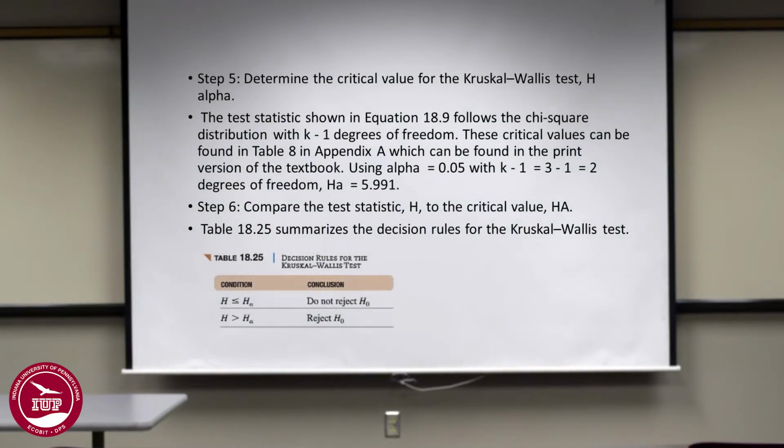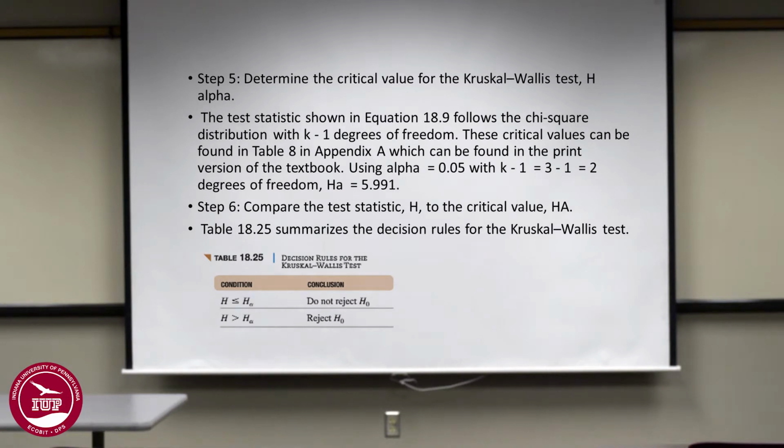Step 5. Determine the critical value for the Kruskal-Wallis test. The test statistic shown in equation 18.9 follows the chi-square distribution with k-1 degrees of freedom. These critical values can be found in Table 8 in Appendix A, which can be found in the print version of the textbook.